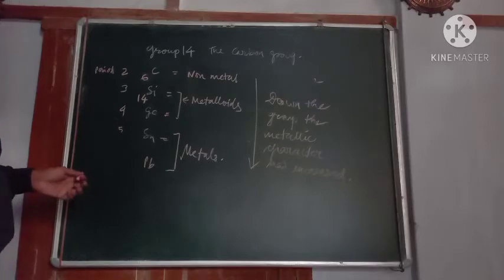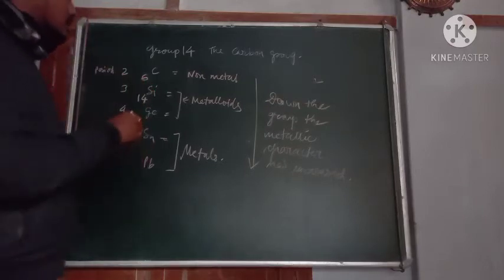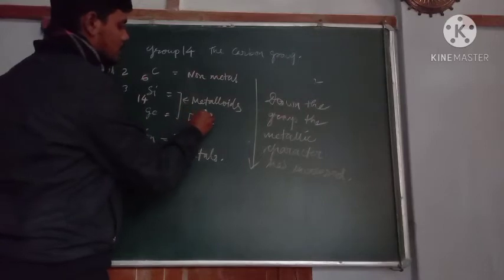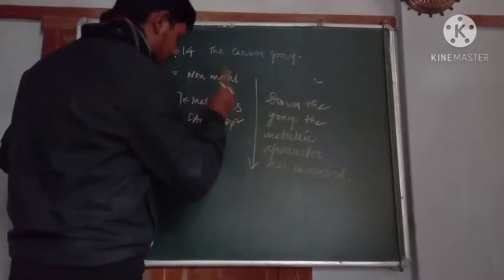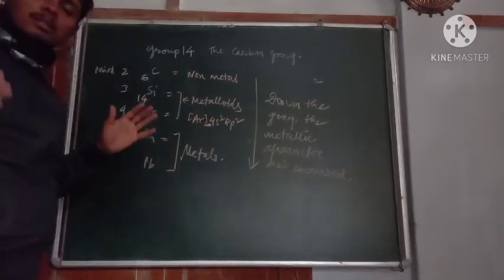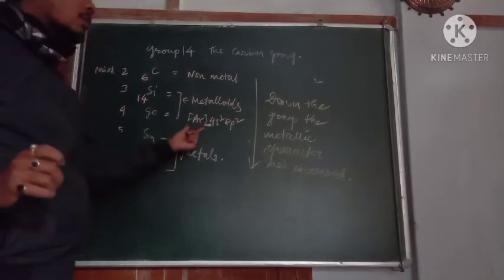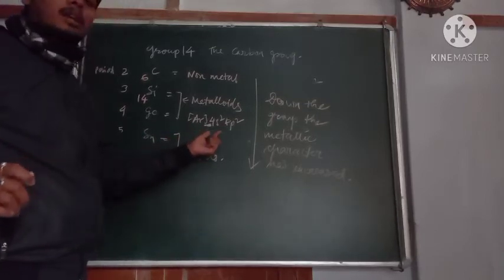Actually, even if we are writing the configuration for germanium as argon 4s2 4p2, to be more precise, in the middle there will be some more electrons. Argon's atomic number is 18, then 19, 20, 21, 22.